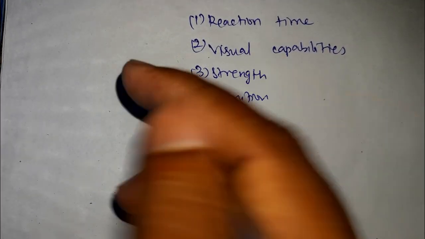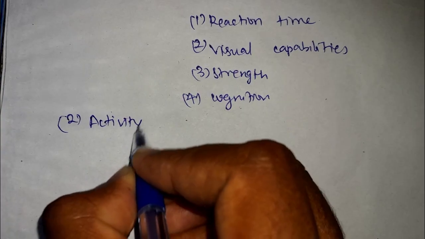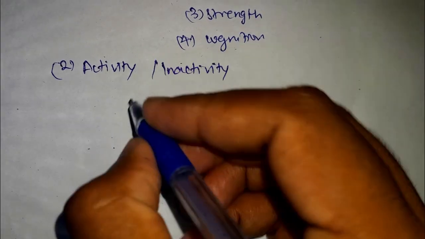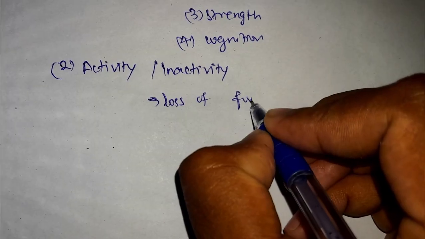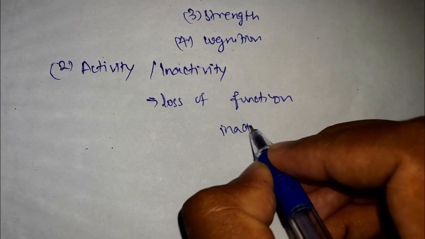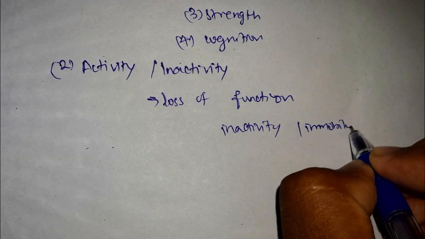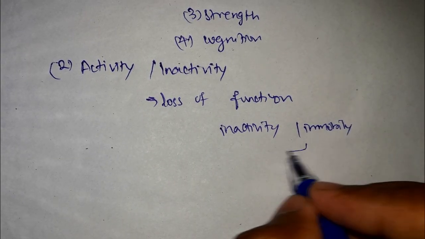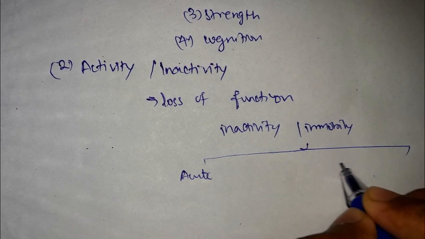Then the second principle, activity or inactivity. What is the common reason for loss of function? Obviously, if we lose a function, there is somewhere inactivity or immobility. We can divide immobility into acute immobility or chronic immobility.